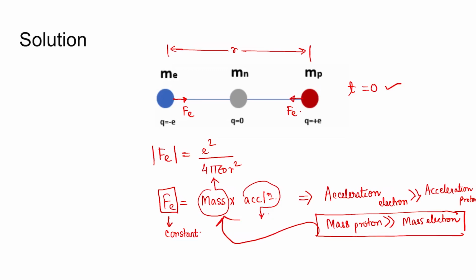Since the acceleration of the proton is less and the acceleration of the electron is more, for the same given time they were released.